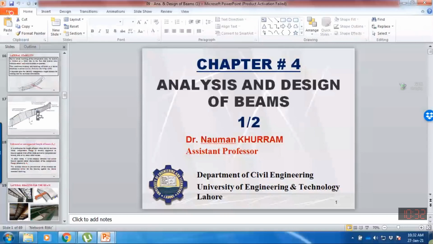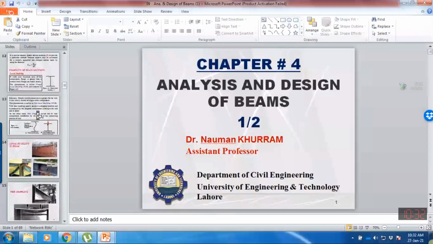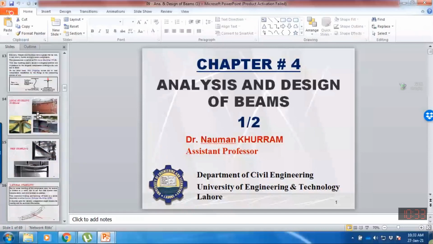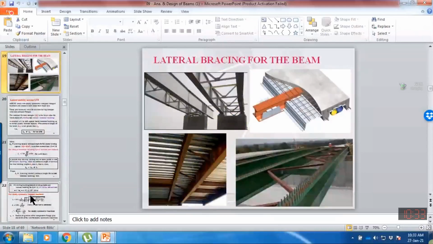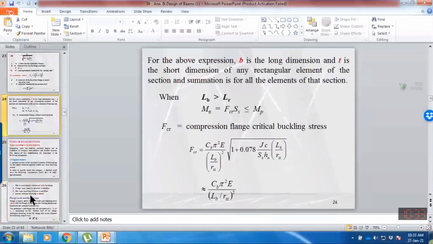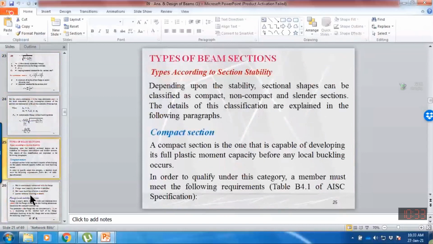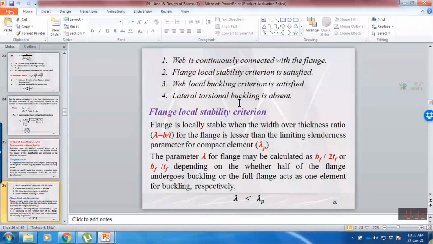The flange must be continuously connected with the web. There must not be web local buckling, and there must not be any flange buckling, and the unbraced length should be less than Lp. So there were four conditions to classify the beam section.